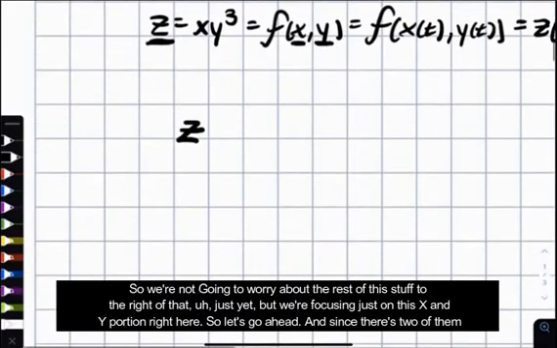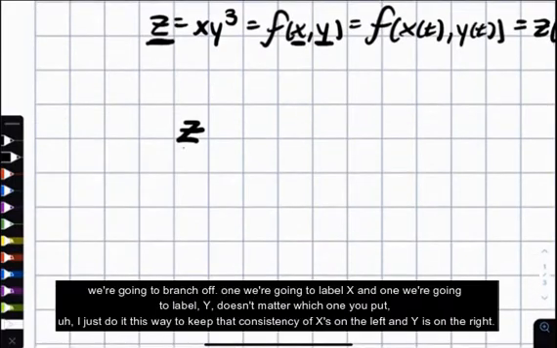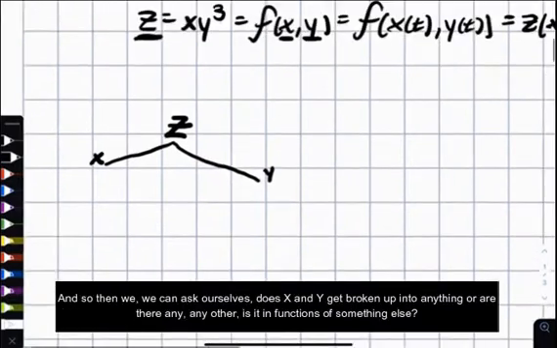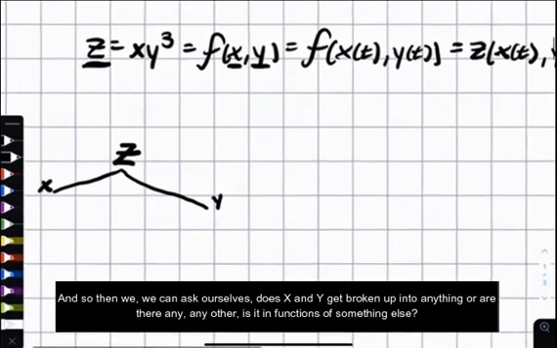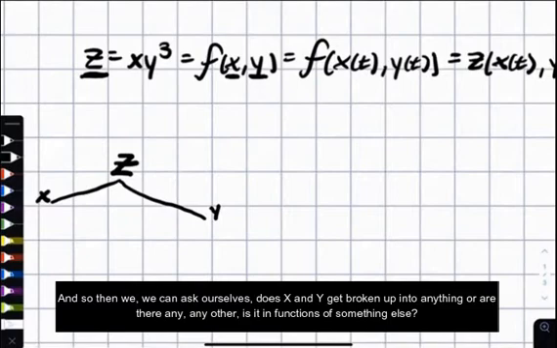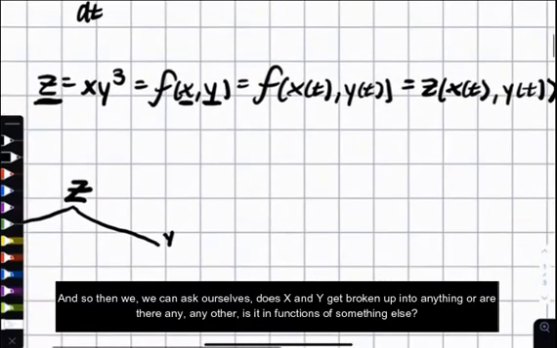Since there's two of them, we're going to branch off. One we're going to label x and one we're going to label y. Doesn't matter which one you put. I just do it this way to keep consistency, x on the left and y on the right. Then we can ask ourselves, do x and y get broken up into anything, or are they functions of something else?